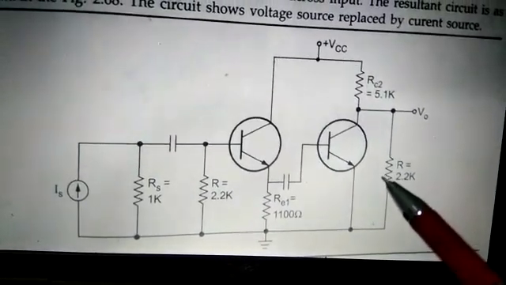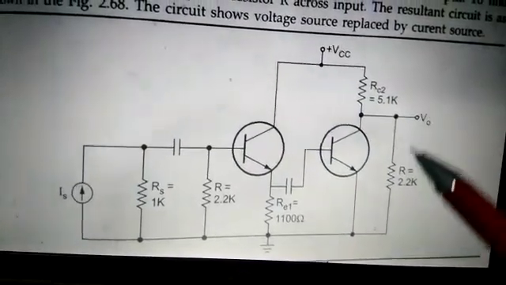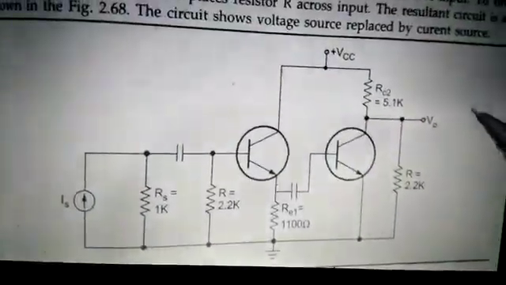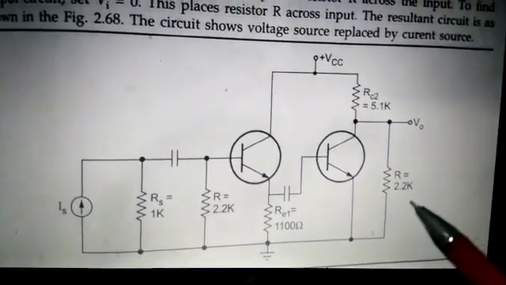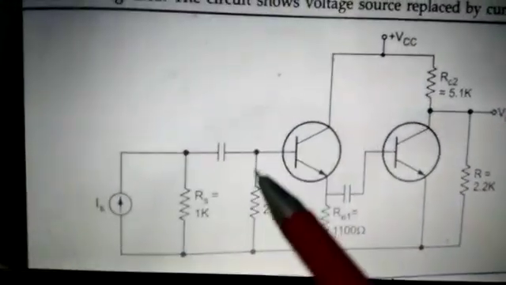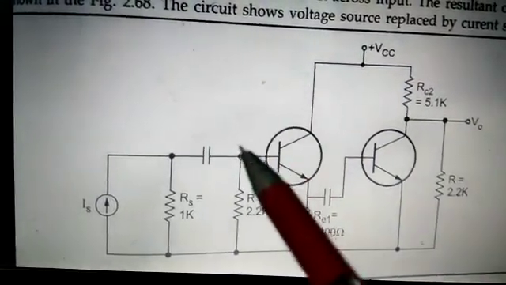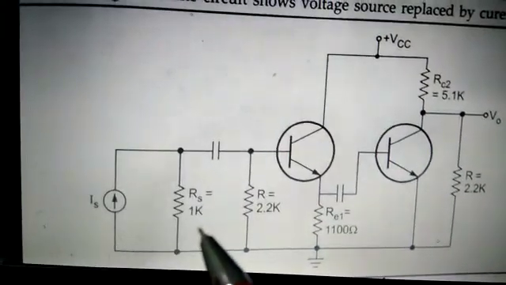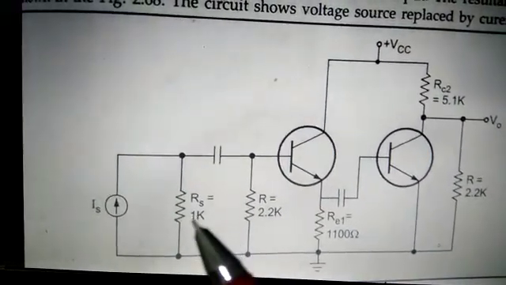Now to get the input equivalent circuit, make the output shorted in the original circuit. Then what will happen? The feedback resistor comes in parallel with the Norton equivalent, IS and RS.